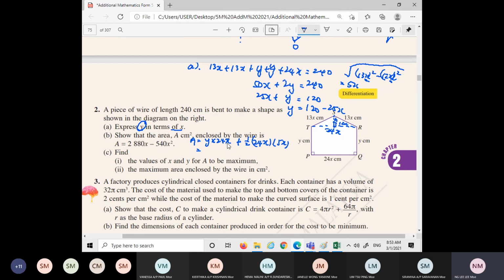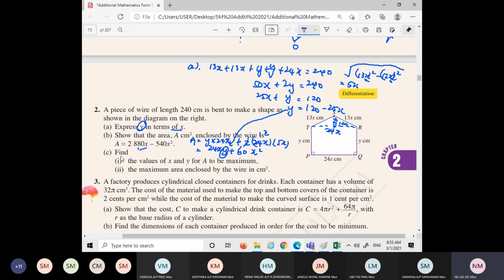So what will I get? 24xy, and then this can cut 12, 60x squared, if not mistaken. Same thing, you see, here got no y. So this y, you use this to replace it and then try to get this answer.